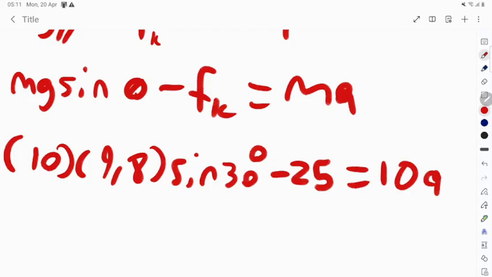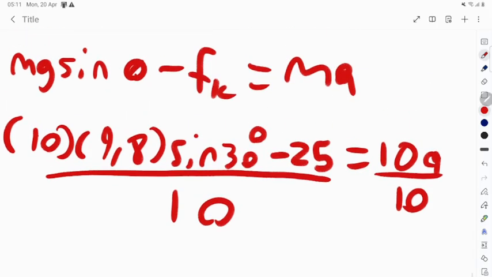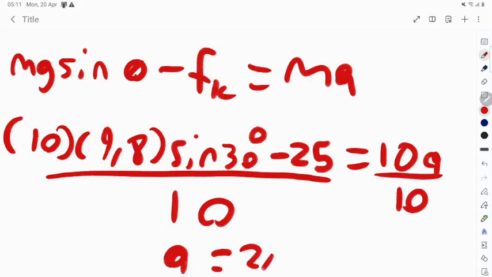So we can put this on a calculator, divide by 10, and that should give us the acceleration. Putting that in the calculator, that gives me an acceleration of 2,4 meters per second squared.